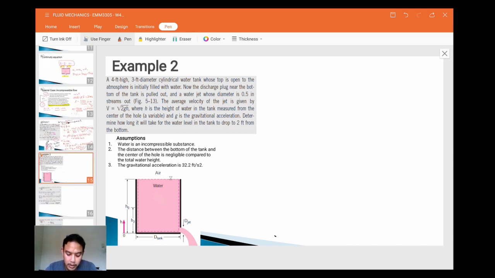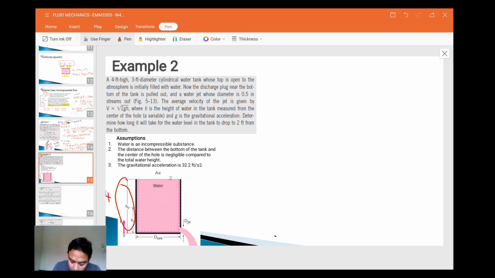For example number 2, you have a tank which has a height of 4 feet. So we know the height of 4 feet means H naught, automatically we know this one is 4 feet.